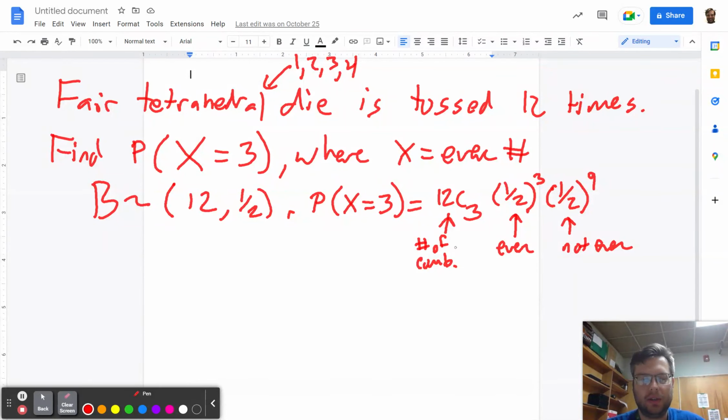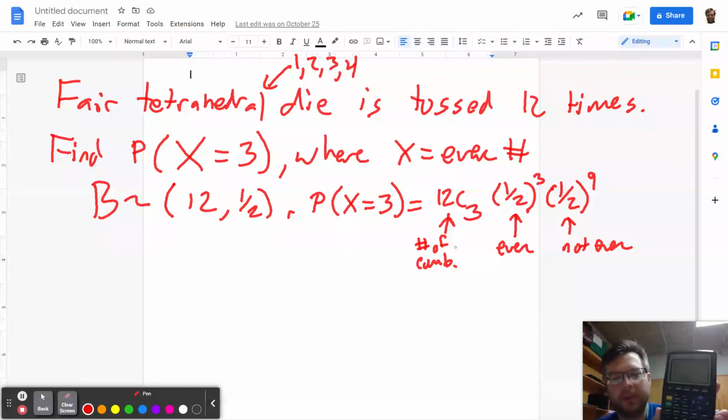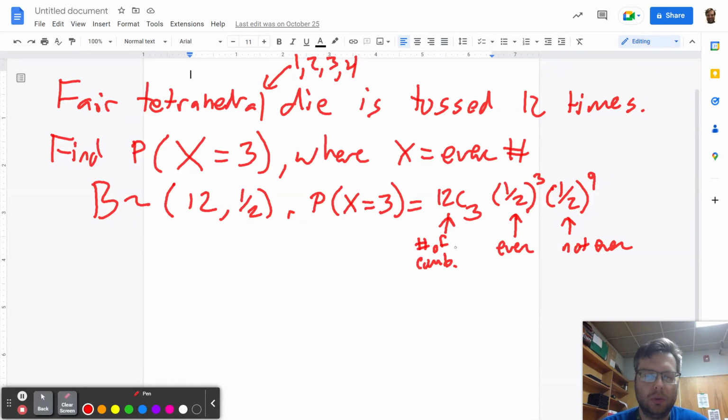So again, you can type all that into your calculator now. To get to the choose part, remember you hit the math button and go over to the probability menu, option 3. So 12 choose 3, then you go 1/2 to the 3rd, 1/2 to the 9th.